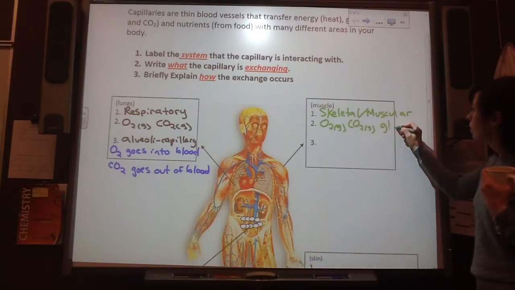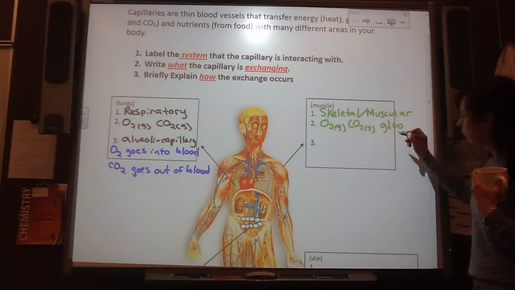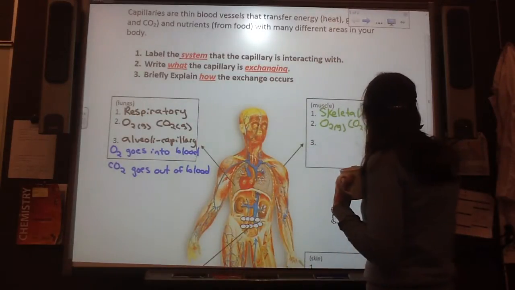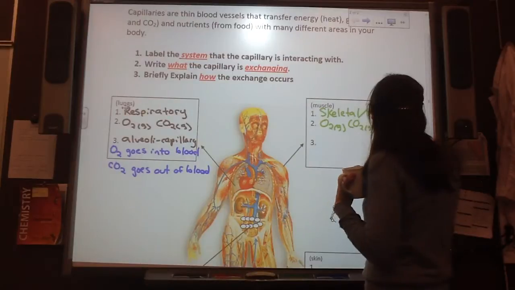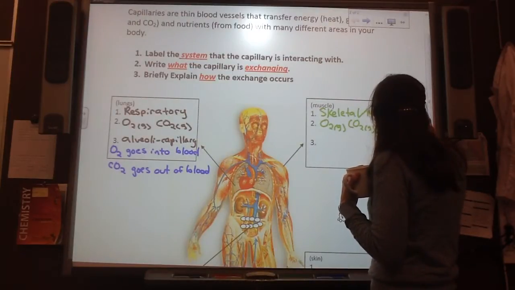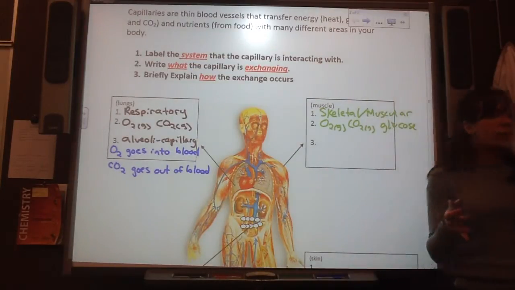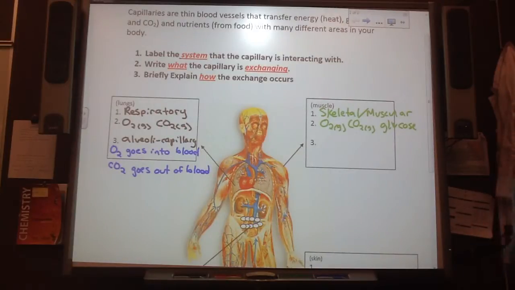So glucose, and oh, there's one other thing, a really specific nutrient that we know muscles need to contract. Protein, yeah. ATP, we'll need phosphates, yeah. There's one other very specific, calcium, yeah.